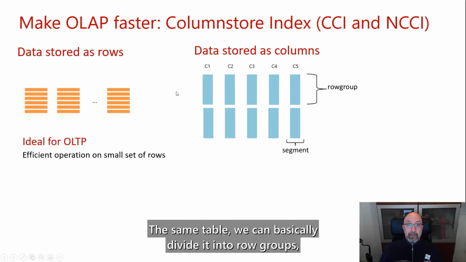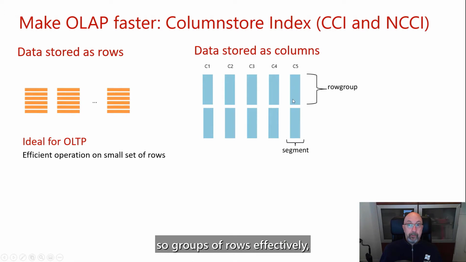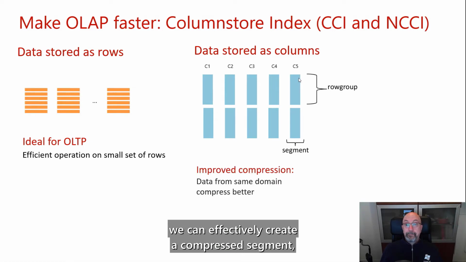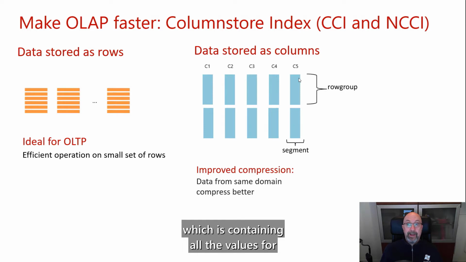So the same table, we can basically divide it into row groups, so groups of rows, effectively, and for each of the columns that we have in our table, we can effectively create a compressed segment which is containing all the values for all the rows in that particular row group.